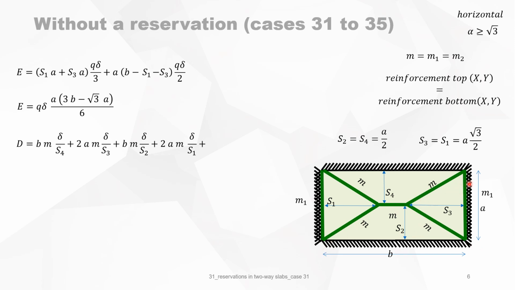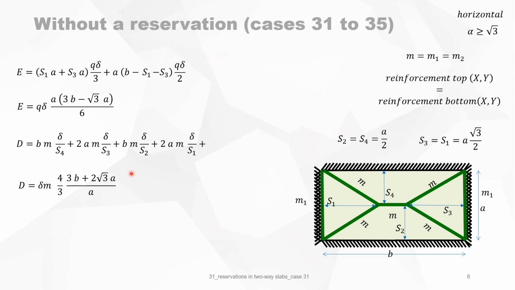And on the shortest side, we got A times M divided by S3. There again, we got A times M divided by S3. And on the left-hand side, we got M times A divided by S1. And for this, it's also the same. That's where the 2 is coming from.